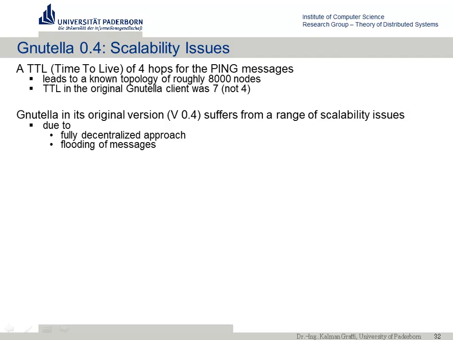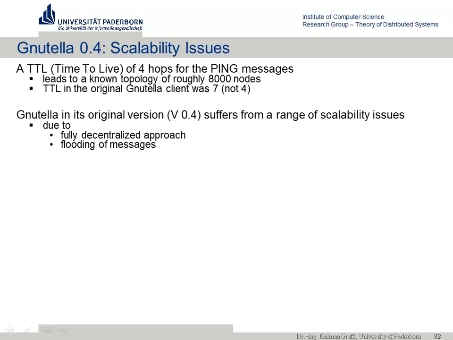Okay, so what kind of problems were there? Was it good? Just to summarize, in the first year, while it was not so popular, it was good. But then as it grew, it became a problem. Just as an example, if you have a time to live of 4 for the ping messages, then with one single message you might contact roughly 8,000 nodes.